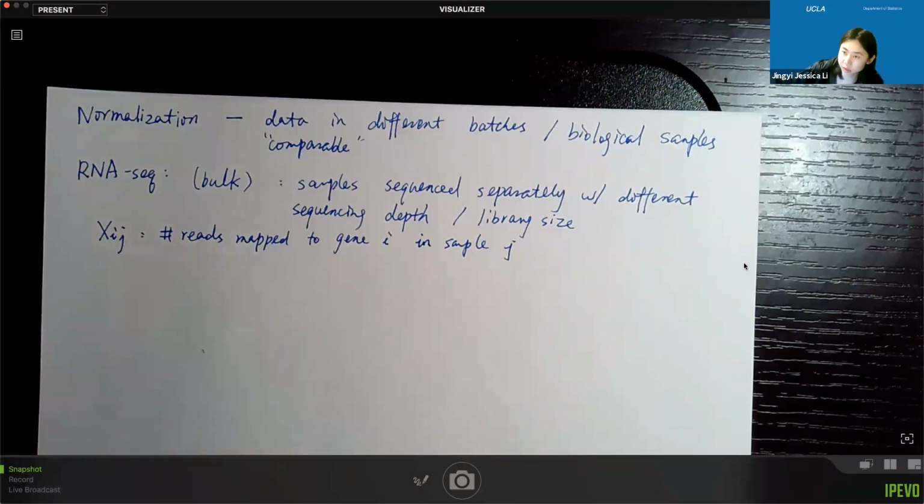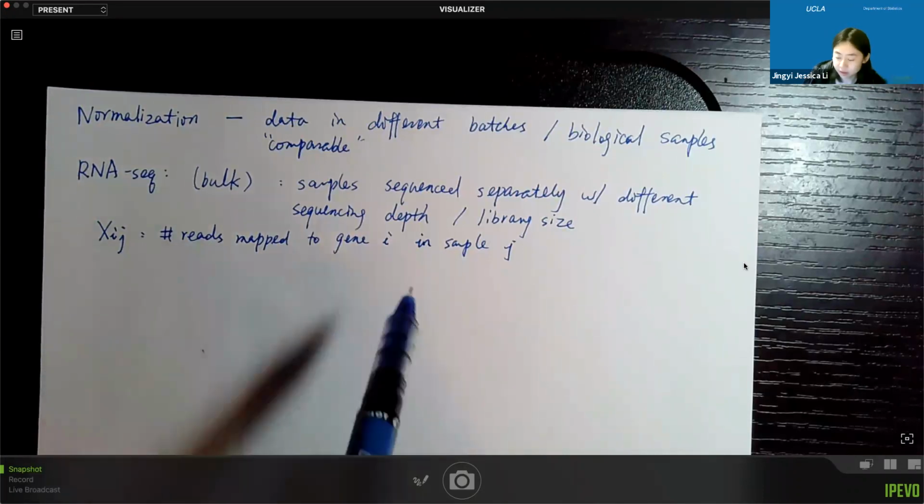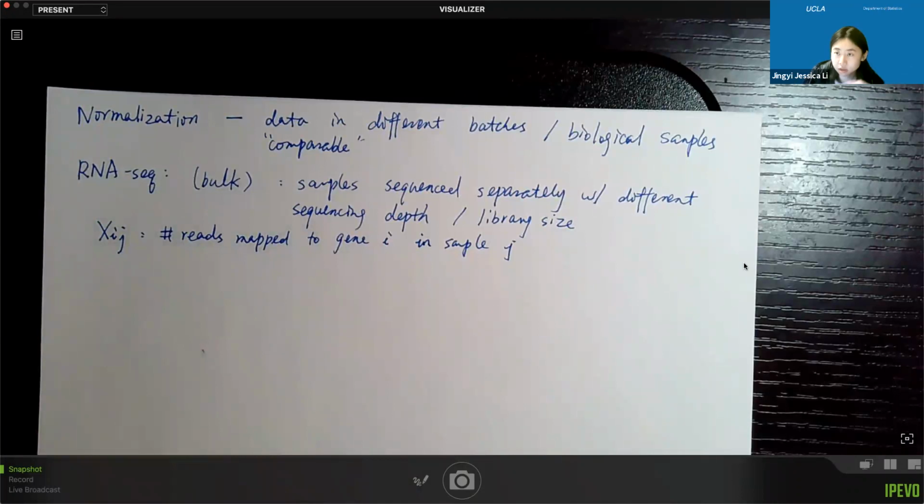If your depth is very deep, then every molecule in your sequencing library, that means after PCR, you load the library to the sequencing machine, then hopefully every molecule in the library will be sequenced. But if your sequencing depth is low, then many molecules will be missed by the sequencing machine and not sequenced. So therefore, you can roughly think there's a linear relationship between sequencing depth and the number of reads you obtain mapped to gene i in sample j. So it makes sense to do the normalization.